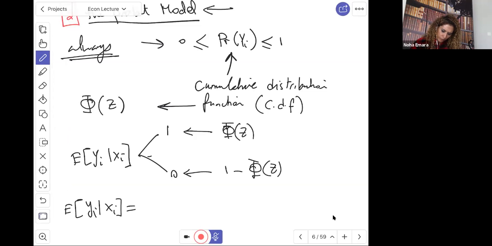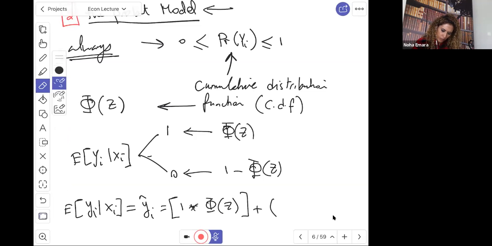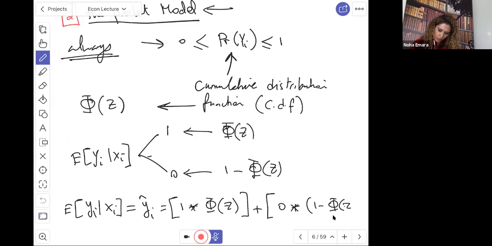I can write it as yi hat. It's 1 times phi of Z, plus 0, which is the other part, 0 times the rest, 1 minus phi of Z.